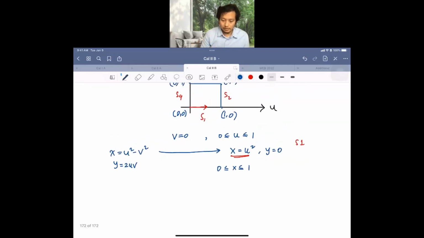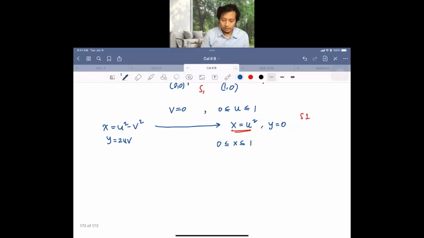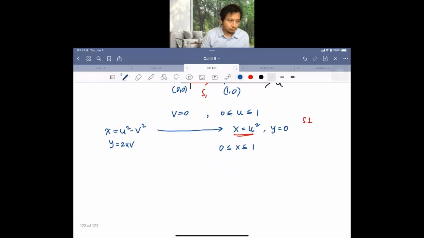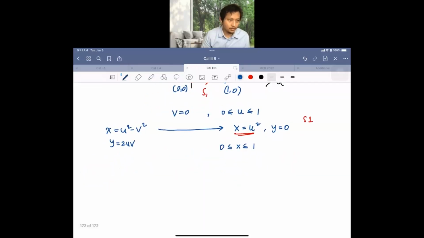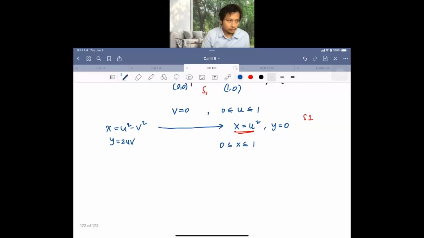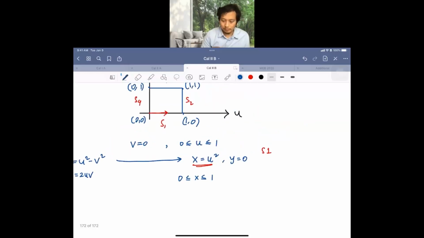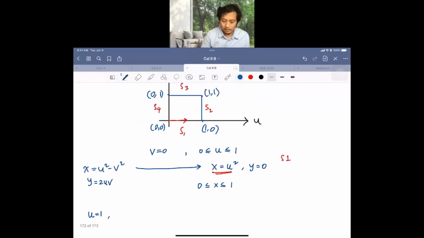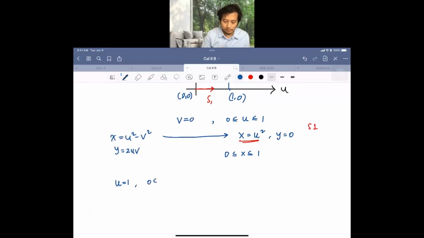And later on, we move to S2. S2 is mapping from u equal 1, and v is changing from 0 to 1. Maybe let me write S1 here and S2 here to make it clear.